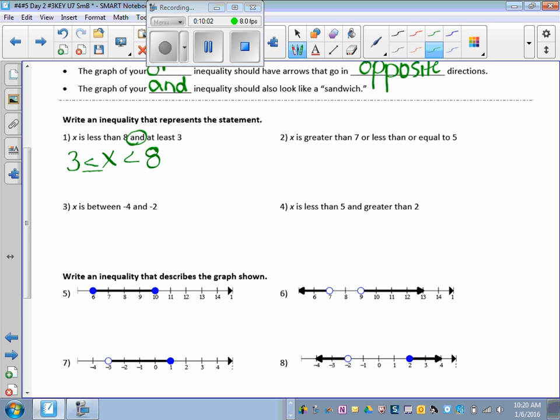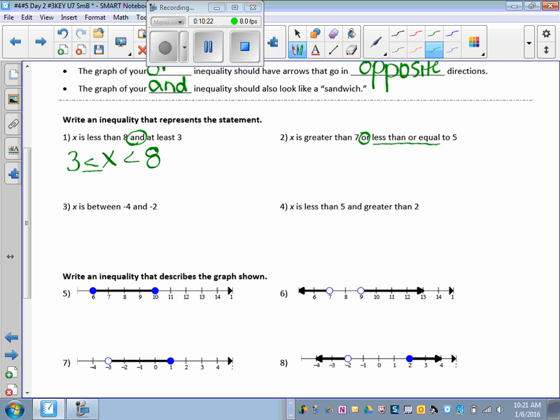All right, so number 2. It says x is greater than 7 or less than or equal to 5. Our keyword here, or. Only the 5 has the or equal to.